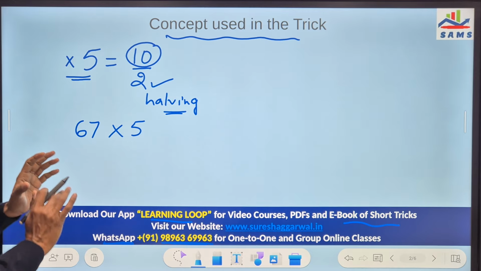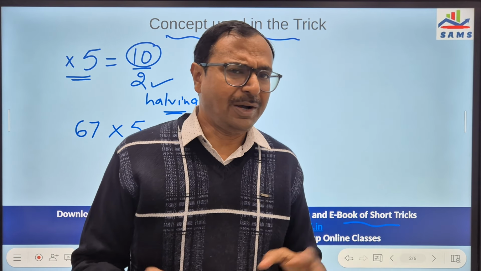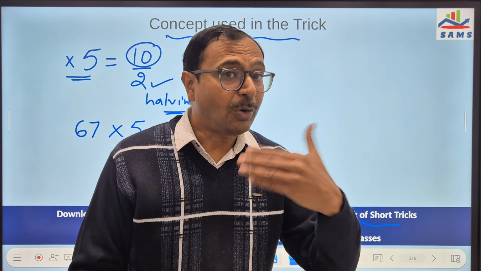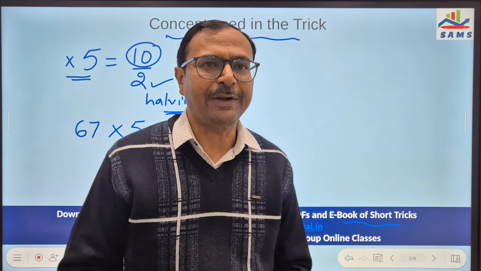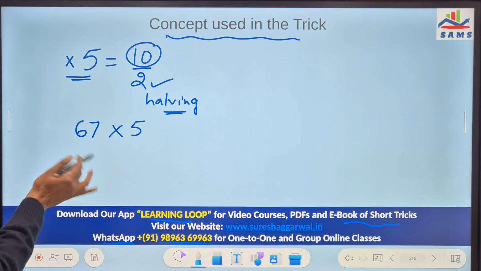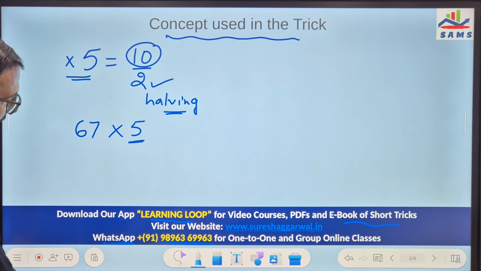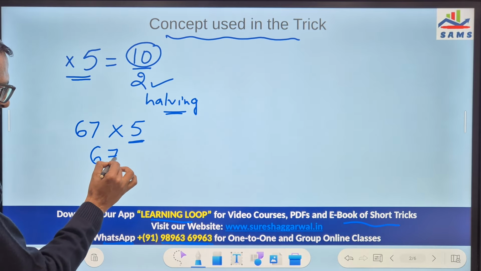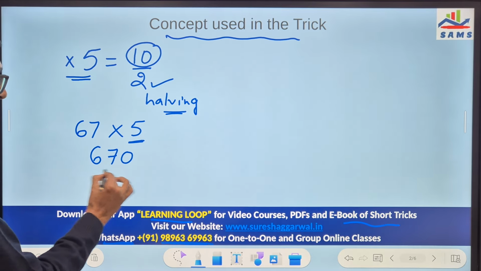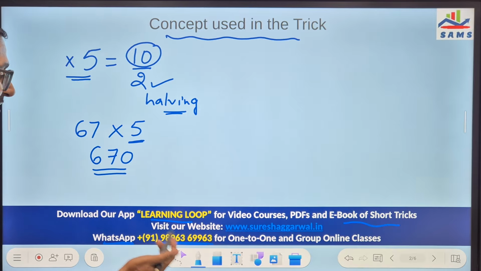Now direct multiplication, you can do it, I know, but how much comparative time you will be consuming, that is important. So if you multiply by 5, you have to count the 5 times table, right? But if you just suffix a 0 and then take the half of this, it is all the more easier. Why?